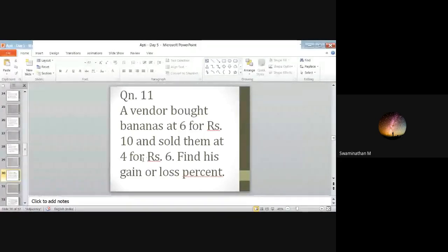Selling price is 6 rupees for 4 bananas. Find his gain or loss percent. Try and give me the answer. I will tell the answer soon.